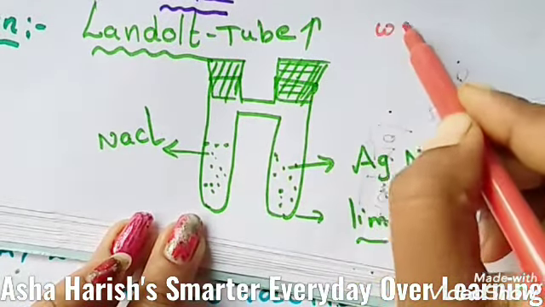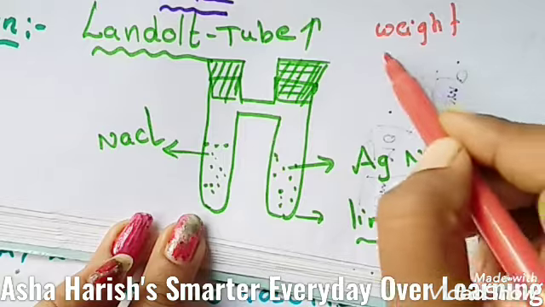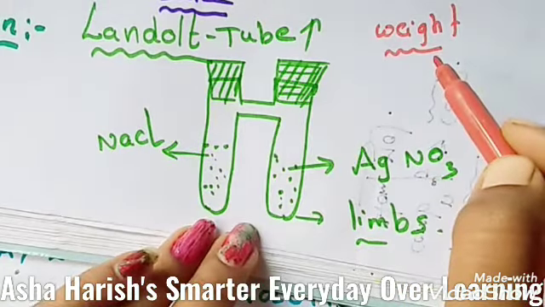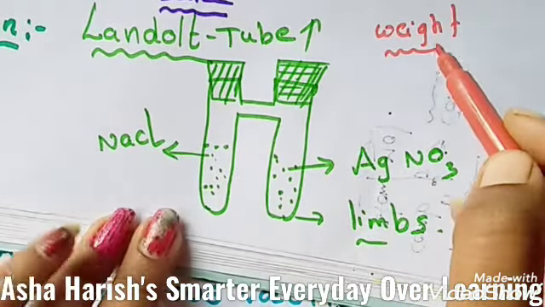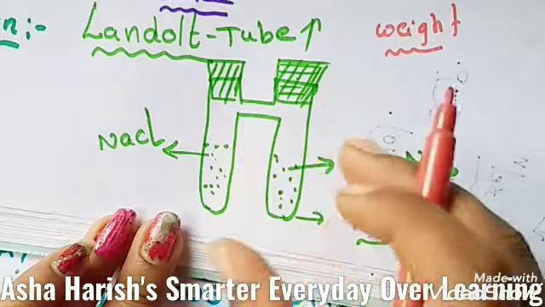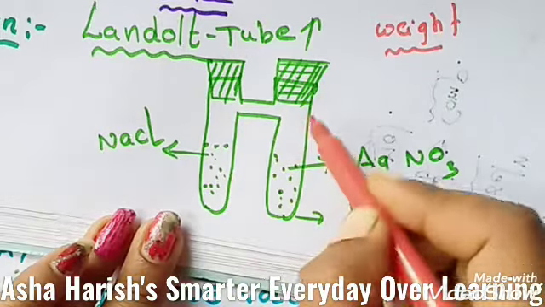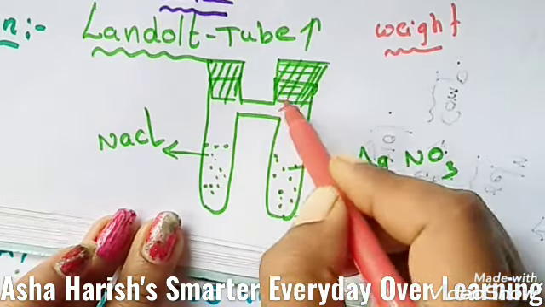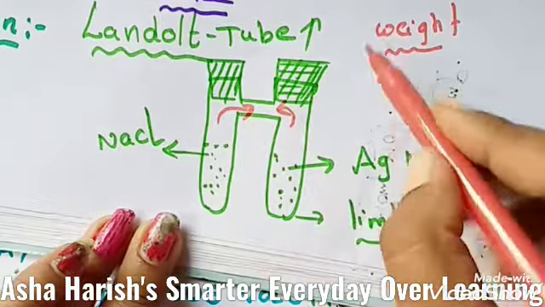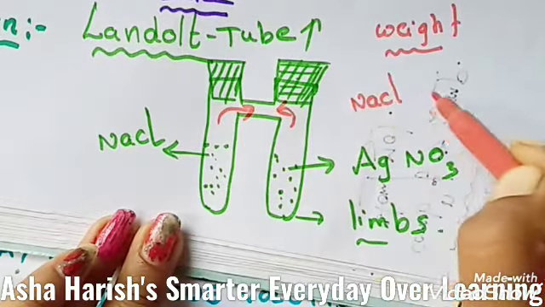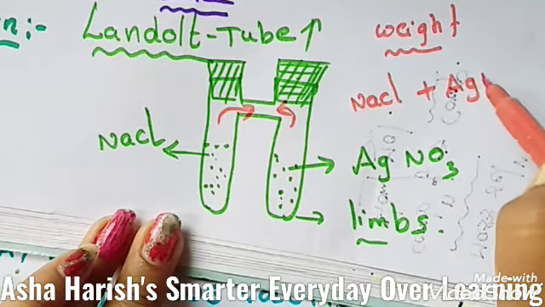Initially you check the weight of the Landolt tube before the reaction, and thereafter the tube was tilted to allow the two solutions to mix. You can reverse the tube. Then students, these two solutions mix: NaCl plus AgNO3.